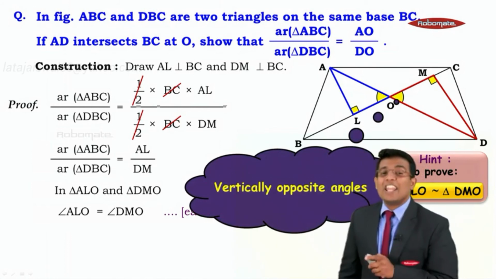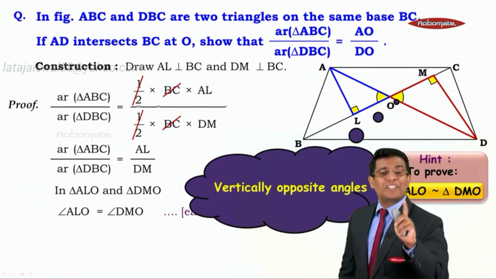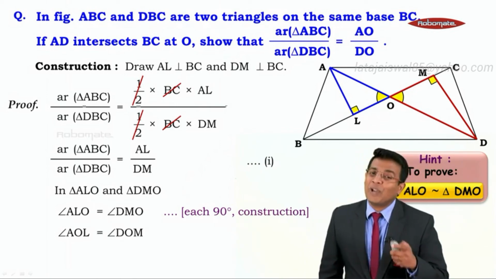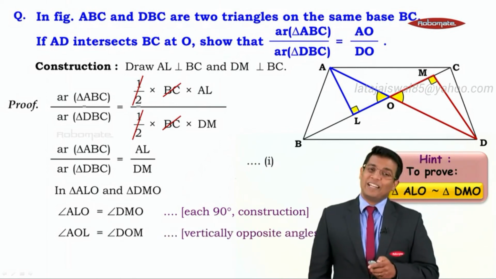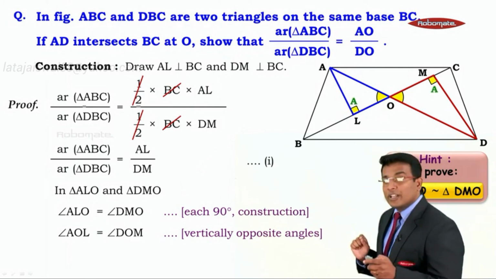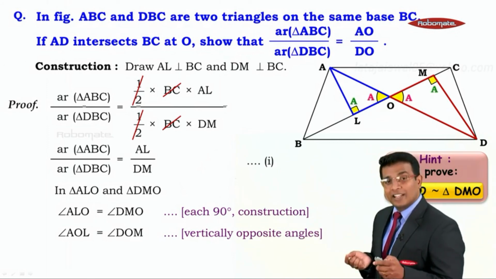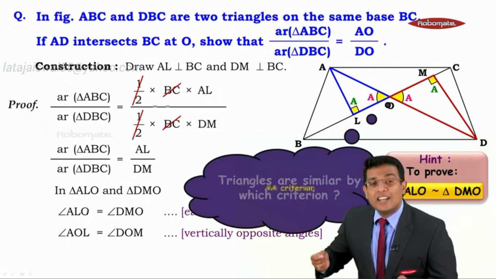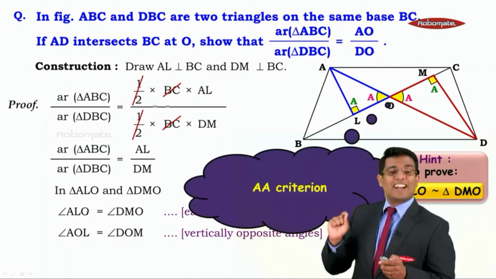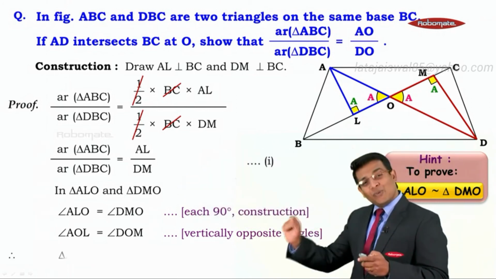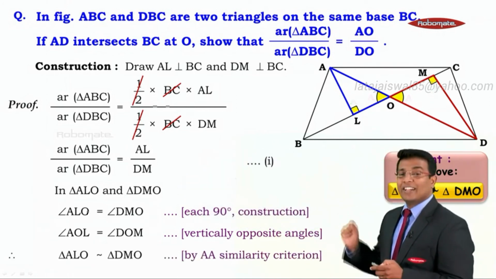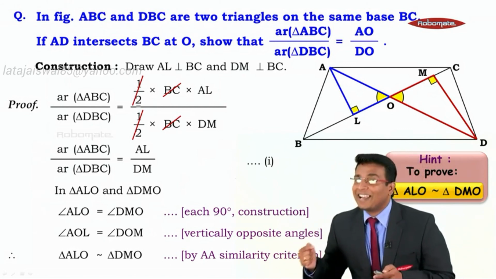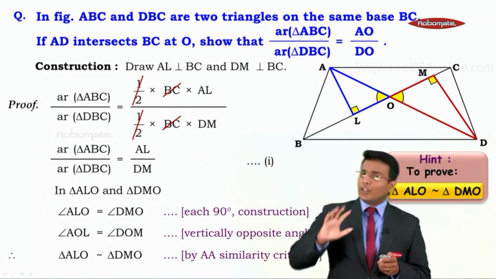They are equal. Why? Vertically opposite angles. So we write there, therefore angle AOL is equal to angle DOM. Why? Vertically opposite angles. So now the question is, what can you say about these two triangles? Are they similar to each other? Yes. By which criterion? It is by AA criterion of similarity. So we write there that triangle ALO is similar to triangle DMO by AA similarity criterion. So we got the triangles to be similar.